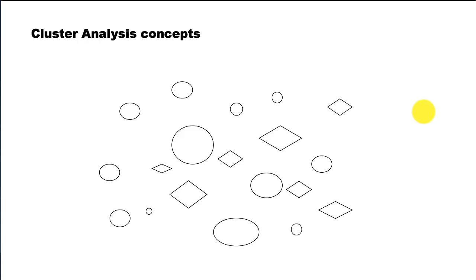All we want to do is to reduce them to just two concepts. We say there is one concept which is all the diamonds, and there's another concept which is all the circles or ovals. That's it. There are only two concepts. This is sort of what our brain does all the time, and cluster analysis is essentially this.